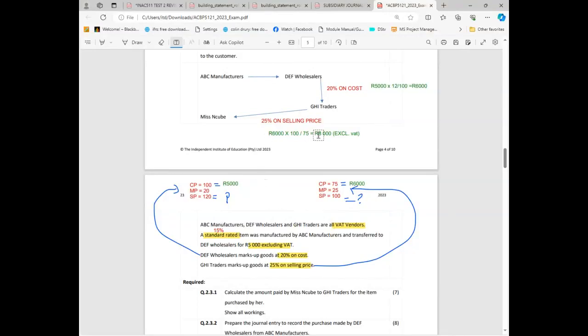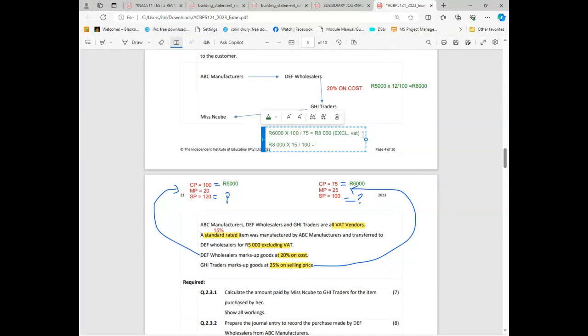Yes, therefore we must have another calculation here and say, therefore, 8,000 times 15 over 115. That amount is excluding VAT. But you said we need to include VAT. You said 8,000 plus VAT.